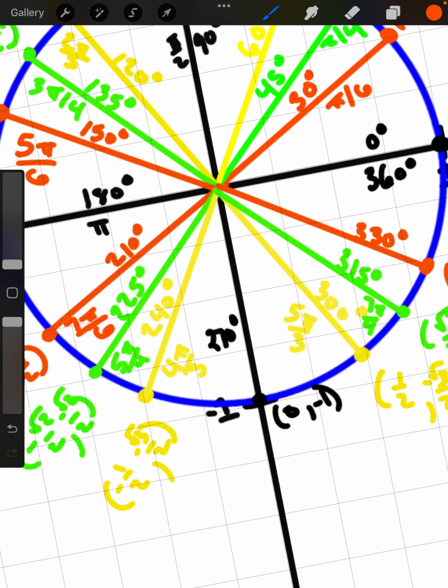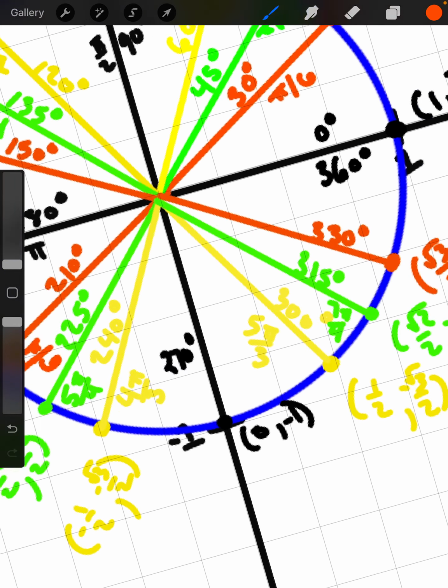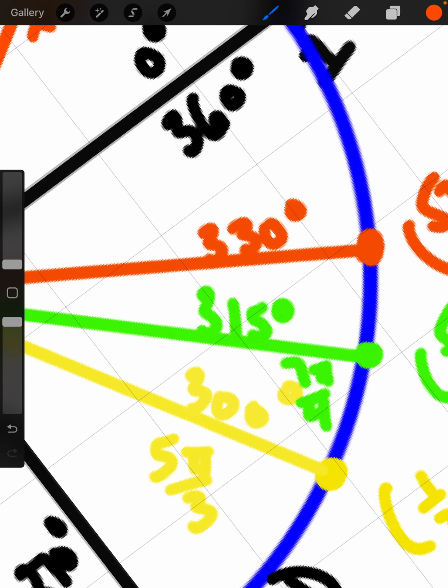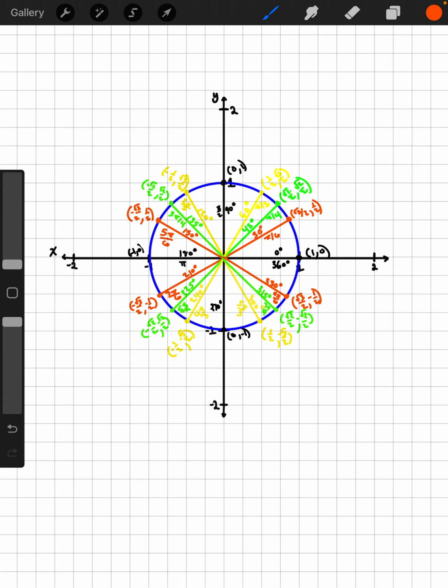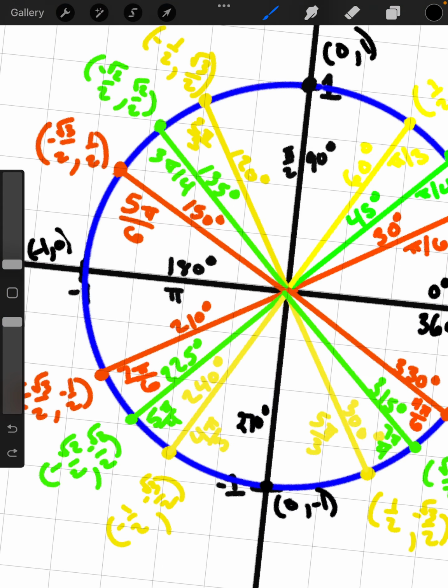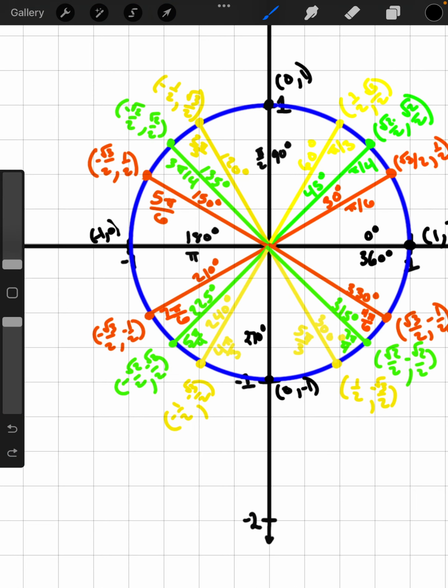And then I'm going to end up with another pi over 6. So 7 pi over 6, 8 pi over 6 would simplify, 9 pi over 6 would simplify, 10 pi over 6 would simplify. So that leaves me at 11 pi over 6 for my last one. And then the only one that I'm still missing is 270 degrees, because that corresponds to a pi over 2.